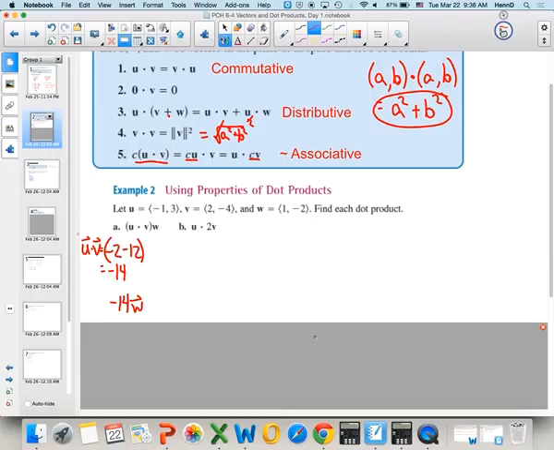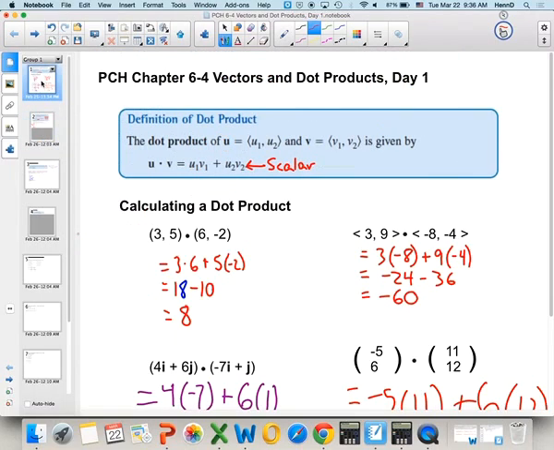Wait, you did u times v? I did u dot v, which gives me a scalar, or a constant, and now I'm multiplying that by vector w, which was 1, negative 2. How did it give you a constant? I don't understand that part. It's a dot product. A dot product always gives you a scalar, or a constant. Oh, okay.